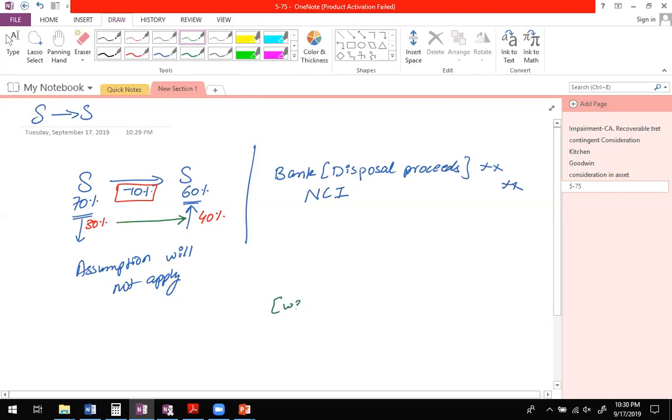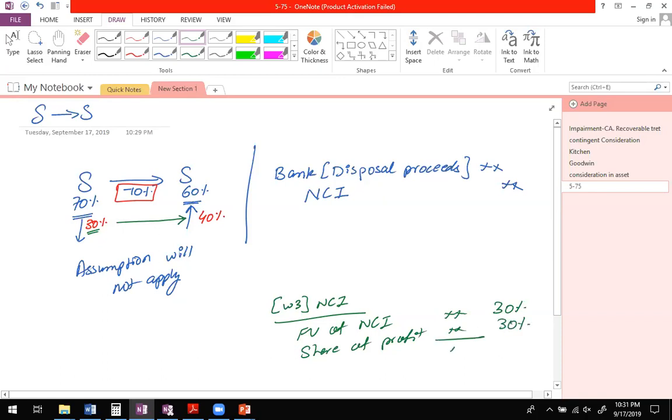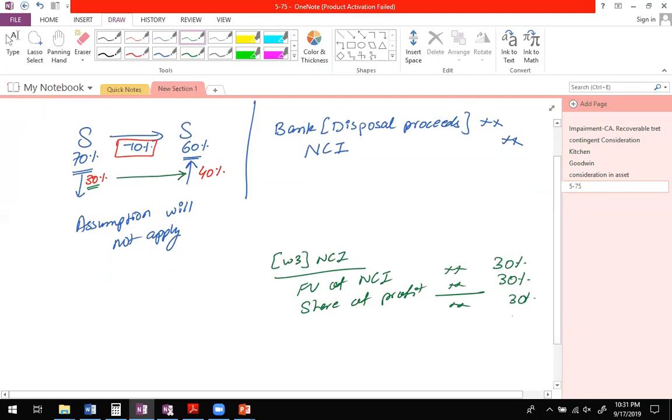If I prepare working 3 of the NCI, we usually start this from the fair value of NCI, which will be at the 30% rate, and then we add the share of profit of NCI by the same 30% rate, which will give us the value of 30% of NCI. And because we need to increase it by 10% to bring it to 40%, what we are going to write is basically the increase of NCI.